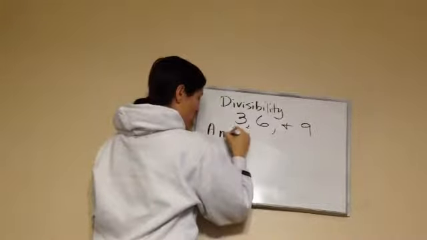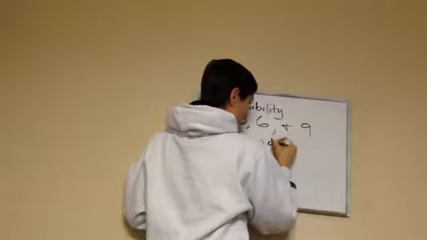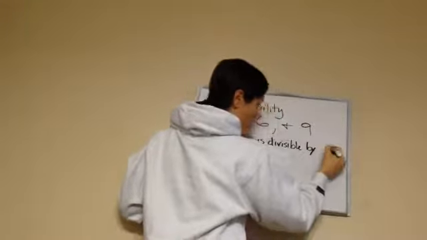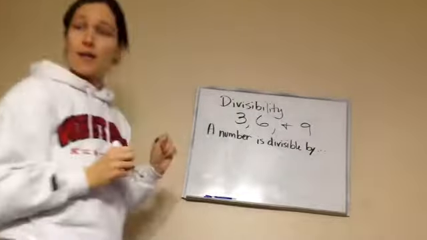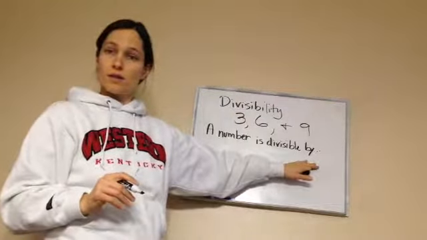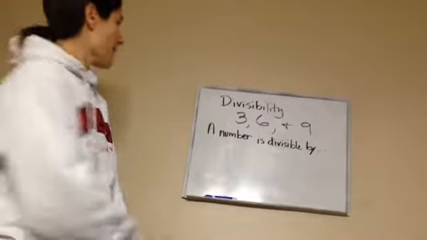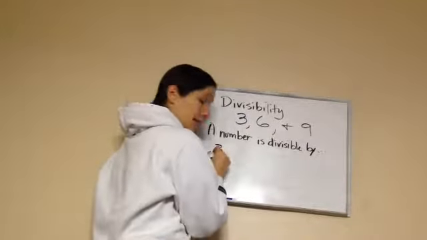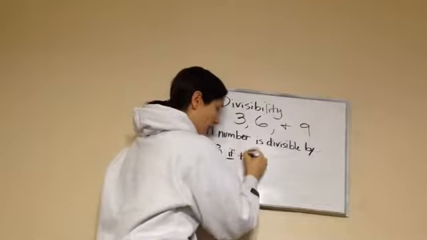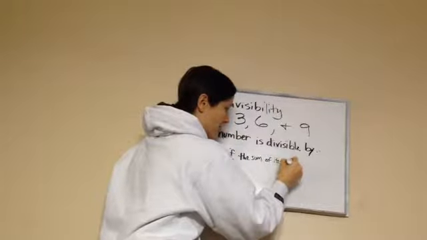You might want to write down these rules. A number is divisible by 3 if the sum of its digits is divisible by 3.